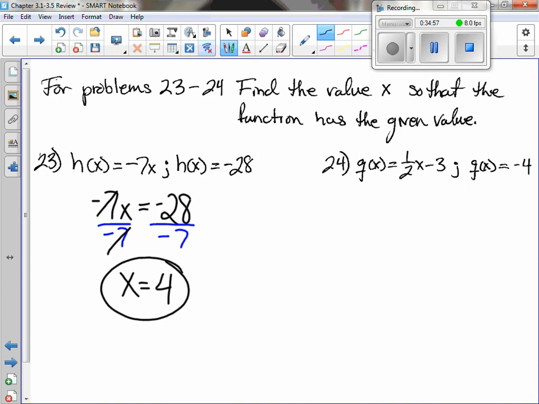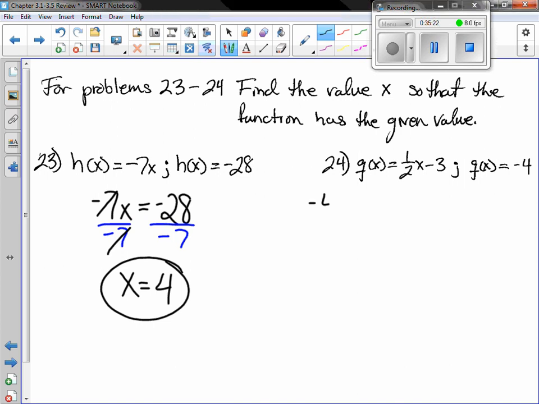That's all it's asking for. It's really asking us just to solve these equations for the value of x. Any questions on this here? All right. So if we're good with 23, let's look at 24.